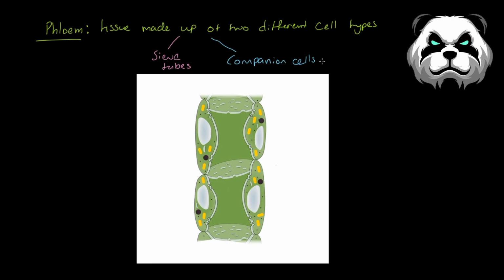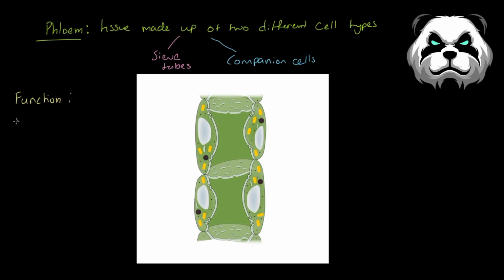Now, I also want to talk to you about the function of phloem. It's always useful to look at the function because then, once we look at the structure of the cells, we can see clearly why differentiation has occurred in the way that it has.